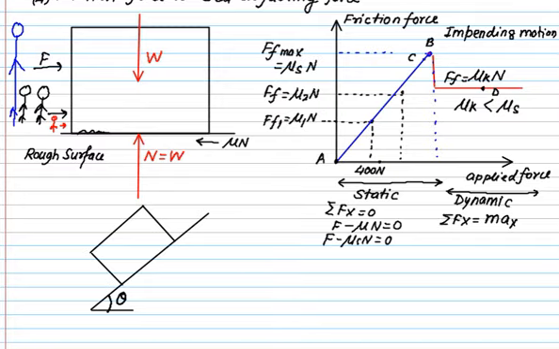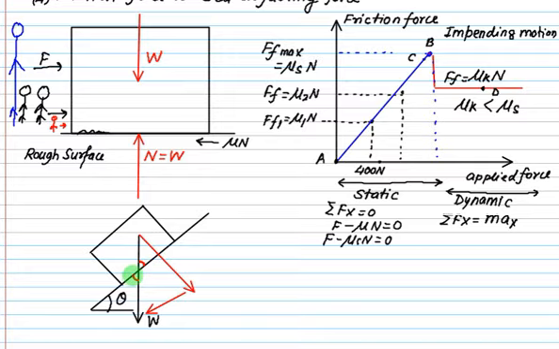If we have a block on an inclined plane, then the weight of the block will act vertically downward. So this weight you can resolve into two components. One is like this and the other is like this. So if this angle is theta, this angle is 90 minus theta. So what is this angle?